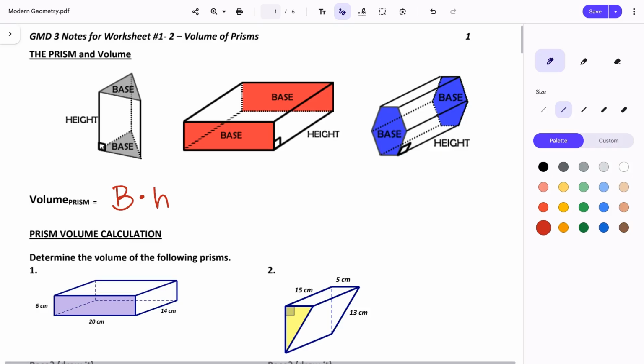Any ideas what those might represent? Base times height. Good. Base times height. I'm going to elaborate on the base part a little bit, but I'm good with the height. So let's say h is height. The reason why I said I want to elaborate on what you said with the base is this is a capital B. In all those formulas that I have written over there on the board, all those area formulas, do we have a capital B anywhere?